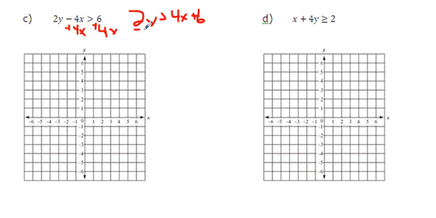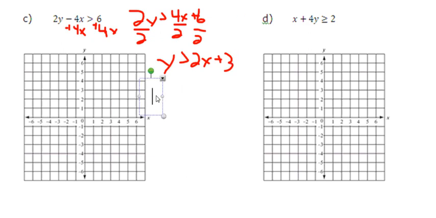Then I divide by 2. So I have y is greater than 2x plus 3.